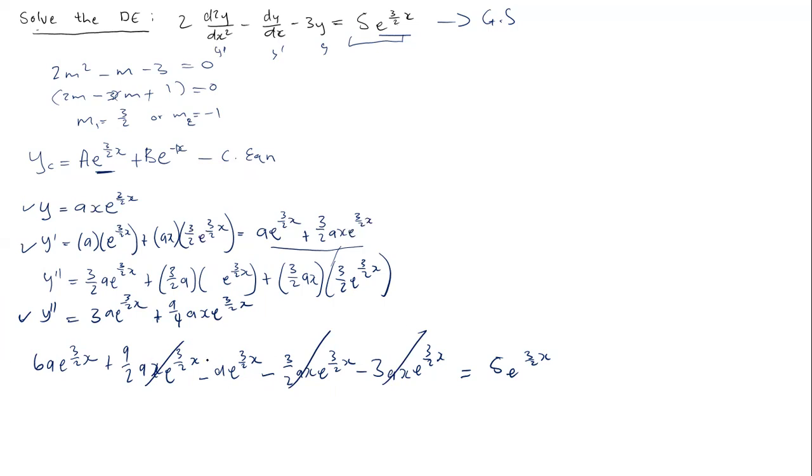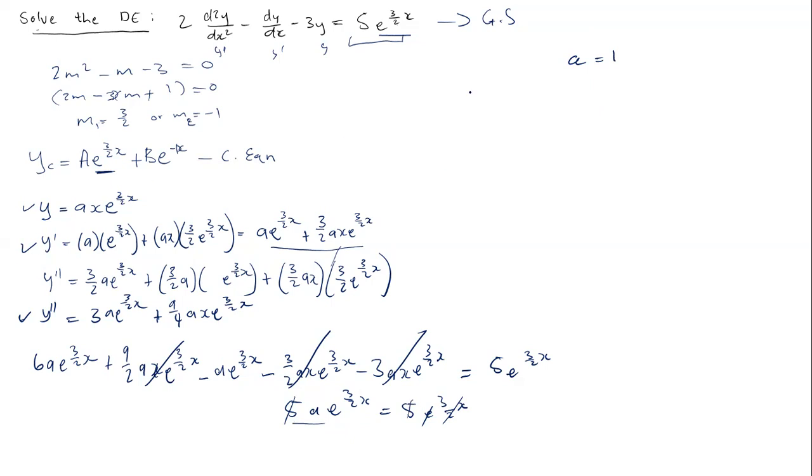And therefore we have 6 minus 1, and then 6 minus a in this case is going to give us 5a e to the power of 3 over 2 multiplied by x, which will be the same as 5e to the power of 3 over 2x. So this cancels that, and then we can see that our value of a will be equal to 1. We divide everything by 5e, it's going to be 1, right? Now that will be the value of a.